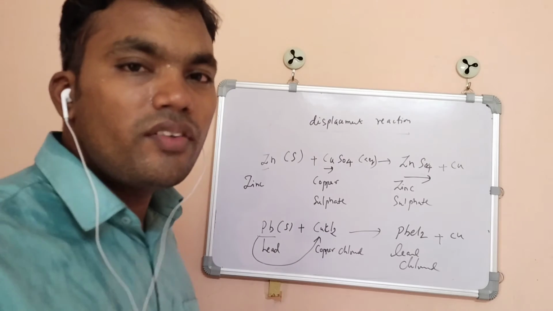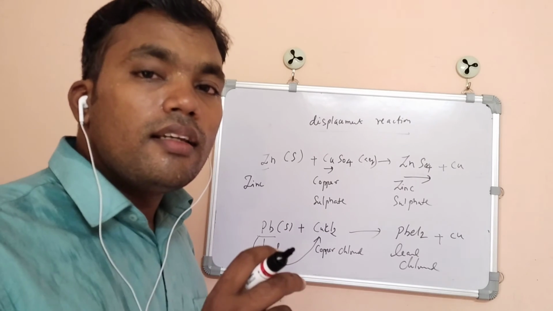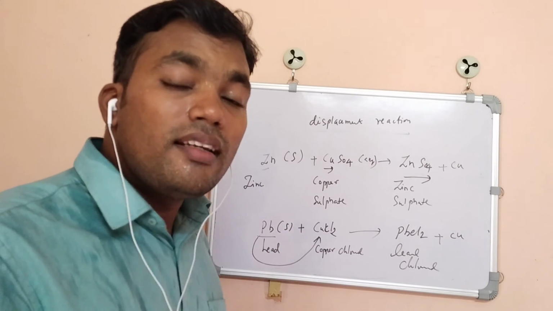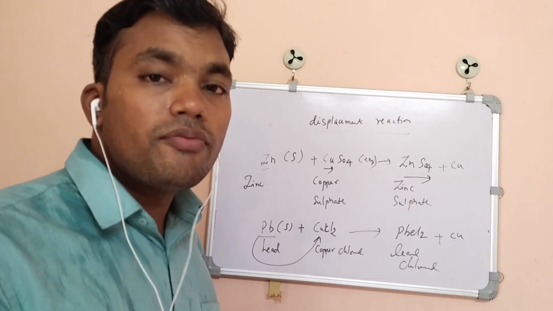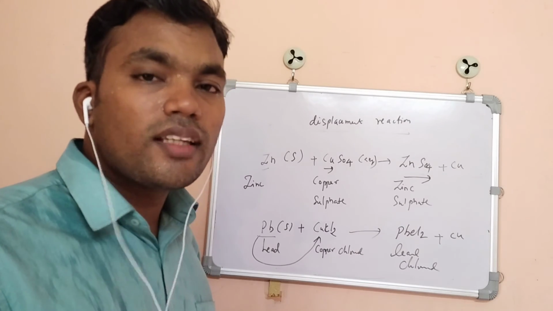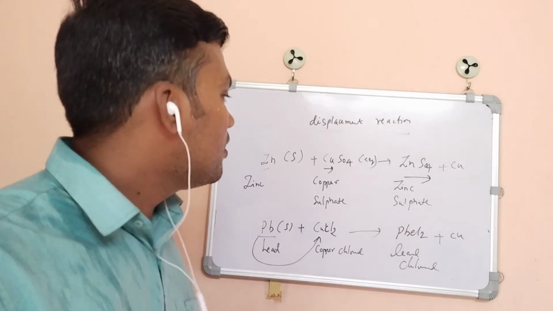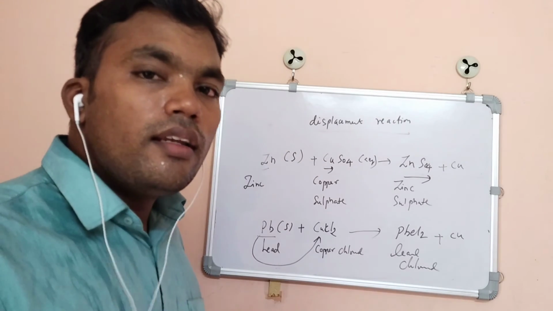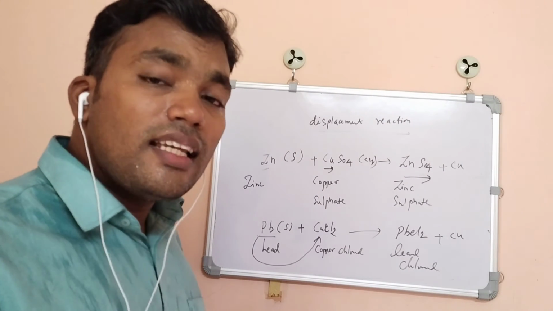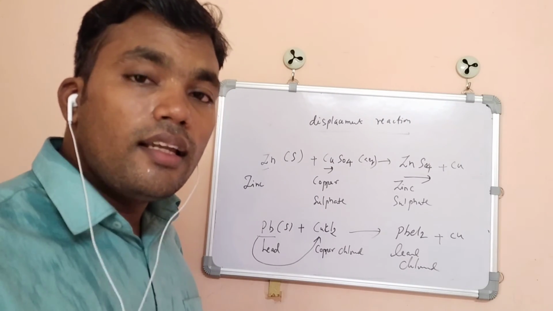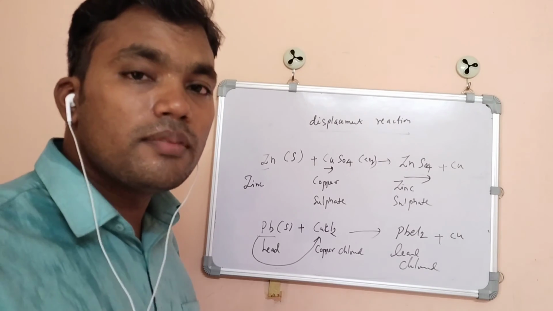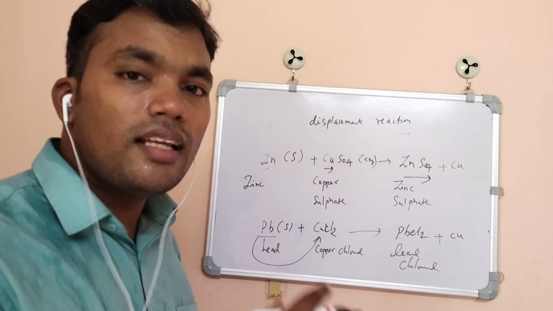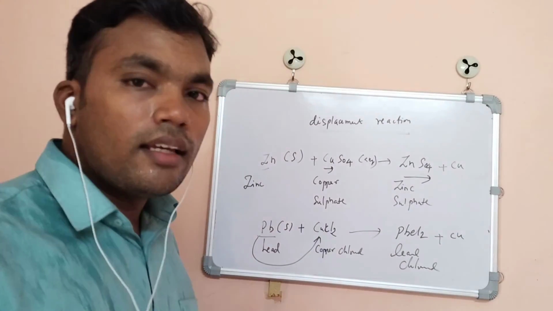In displacement reactions, a more reactive element replaces less reactive element from a compound, and write these two examples. In double displacement reaction, if there is an exchange of ions between the reactants, write the example that we have discussed earlier.